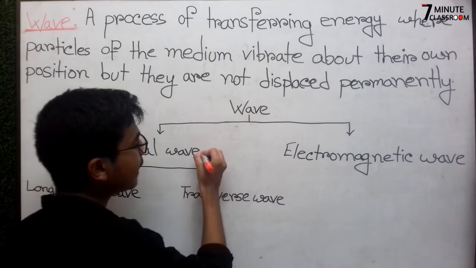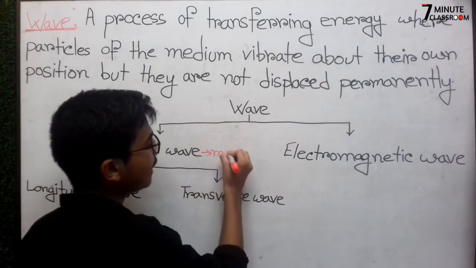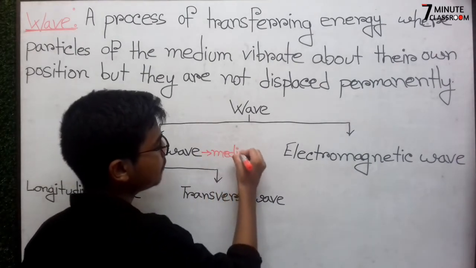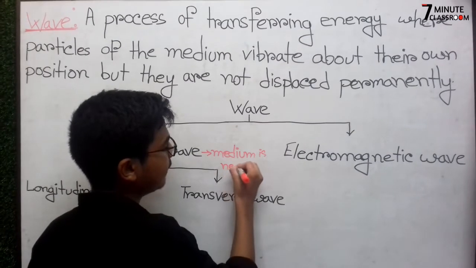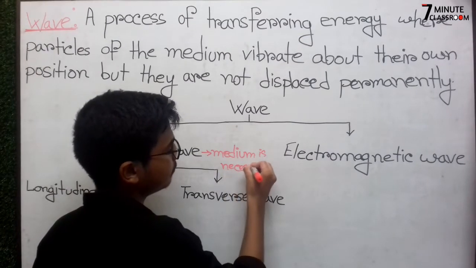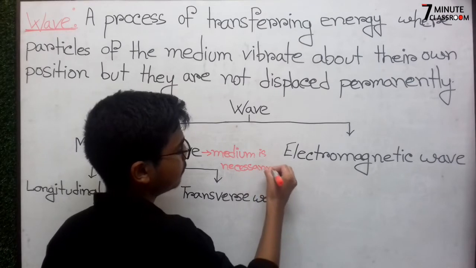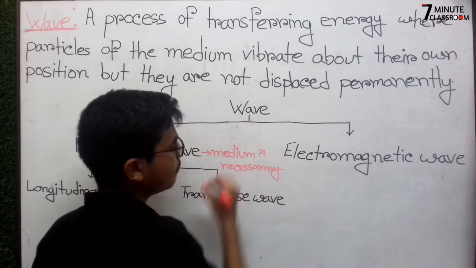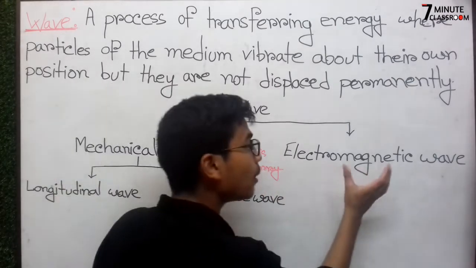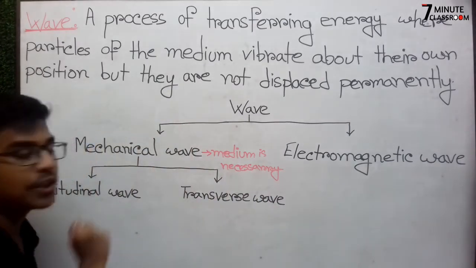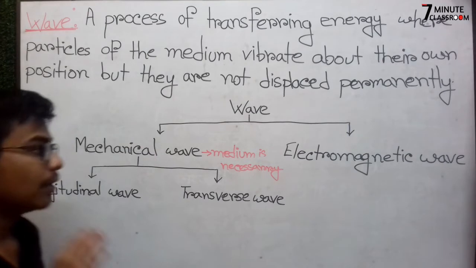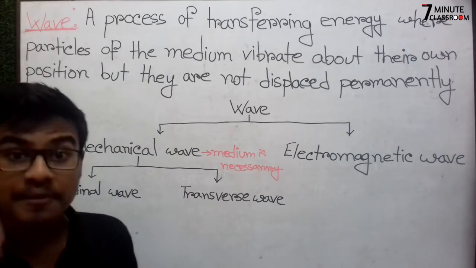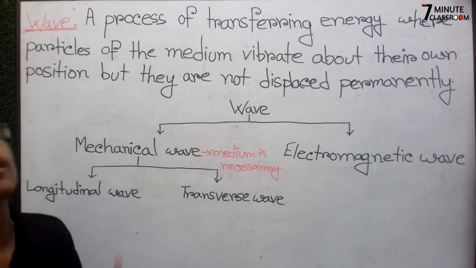That means in a mechanical wave a medium is necessary. But what is the definition of an electromagnetic wave? The wave in which a medium is not necessary for transferring energy is an electromagnetic wave.